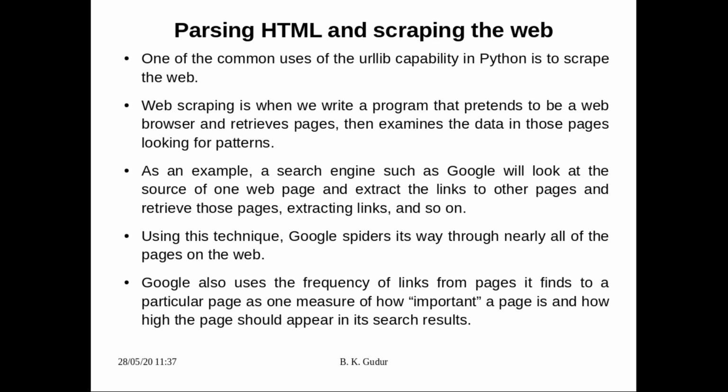There are many other criteria, but one criterion for the ranking is how many times a particular word appears. For that purpose it uses this frequency, meaning how many times the word appears in that page, and it records that in its database.